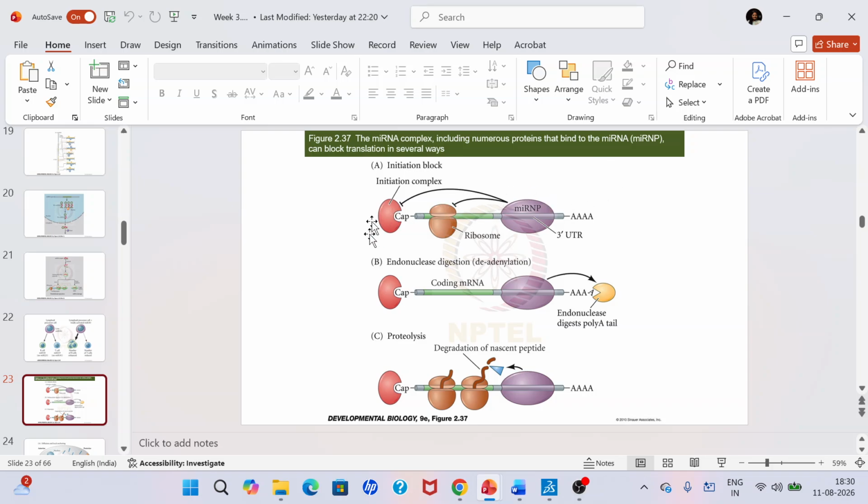So it can either get attached at the 3' untranslated region, it can recruit some kind of an endonuclease which can digest the poly A tail, which further leads to either destabilization or reduced expression of that particular mRNA, or it can cause proteolysis also sometimes by again recruiting some kind of enzymes on mRNA. So miRNA can actually control the expression of a particular mRNA or a particular protein at all the three levels.